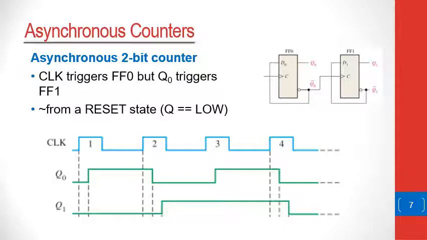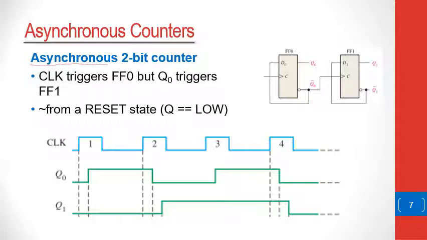Let us for a moment consider now how the asynchronous 2-bit counter should operate. In the previous slide, we emphasized that because this is an asynchronous counter, the input clock signals are not shared by all of the flip-flops, which means the flip-flops are not triggered by the same clock signal.